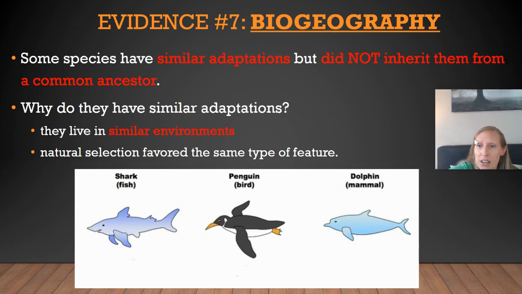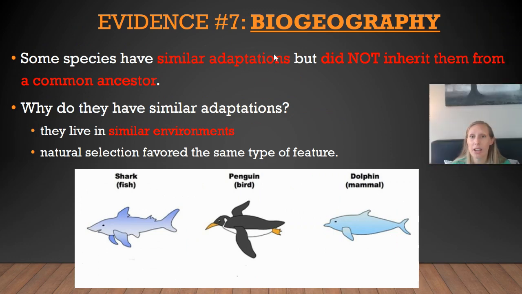All right, moving on to the next piece of evidence is biogeography. So remember, the word bio means life, okay? And geography is basically where on the map are we looking at living things. So some species are going to have a similar adaptation, but they did not inherit it from a common ancestor.